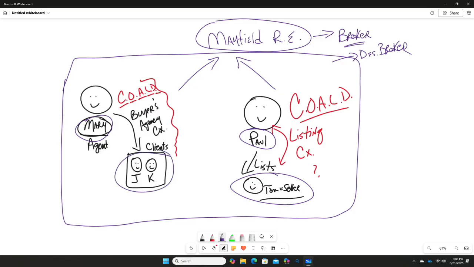That's an exam question, and you need to make sure that you understand that, because they're going to try to pull you in and make you think, well, that listing contract's really Mary's because she got the buyers and Paul got the seller, Tom. No, remember, you're going to see an exam question. I promise you this. You can mark my words.